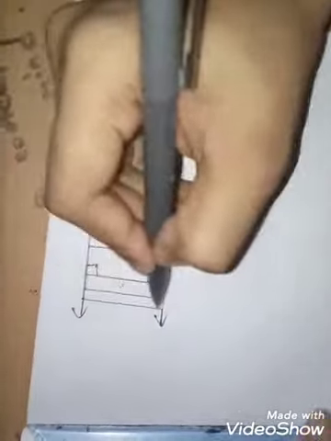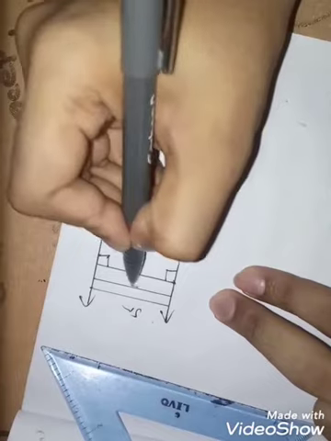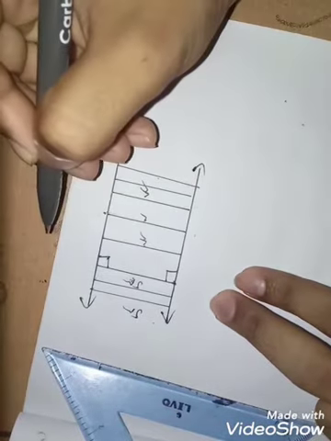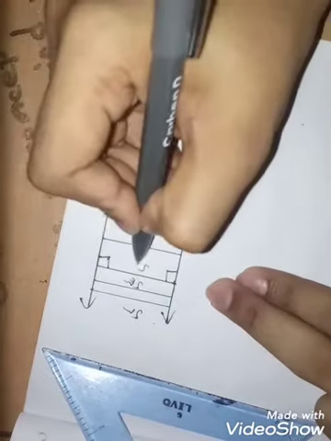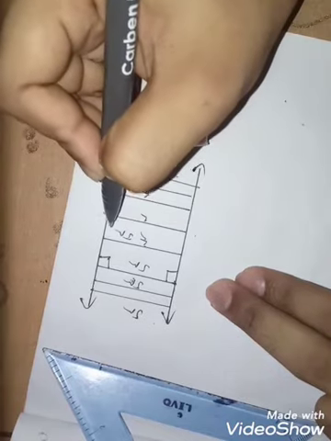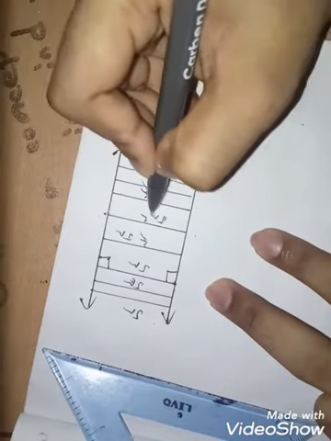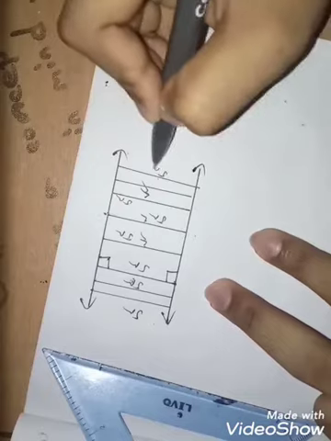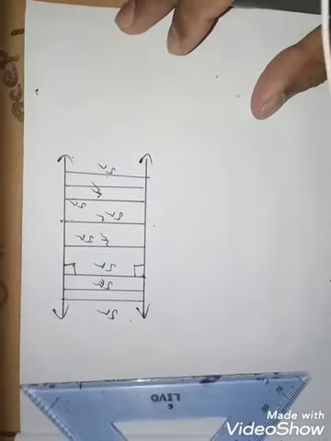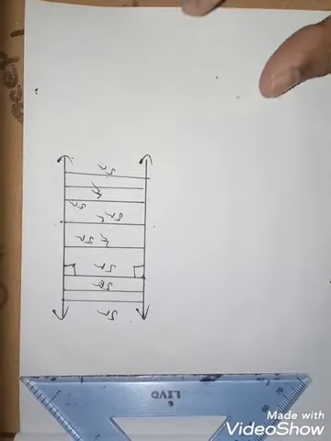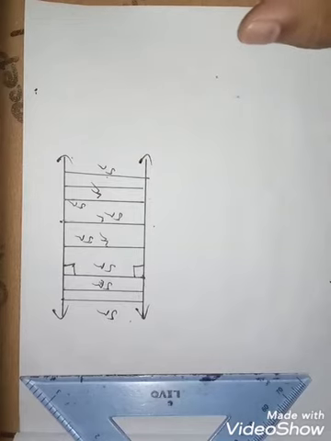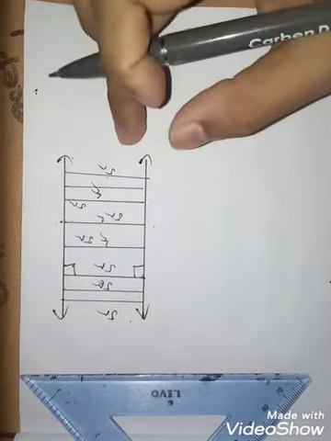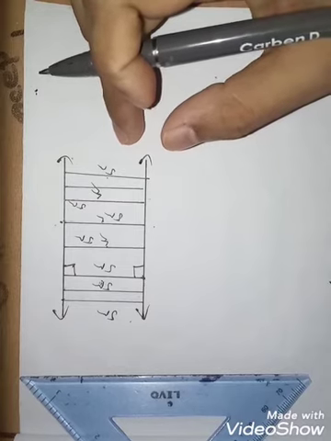If this line is equal to 5 meters, this one should also be 5 meters, this one also, and so on. Every single shortest distance should be equal. Only then we can call these two lines parallel to each other.